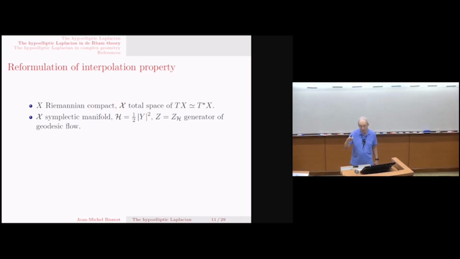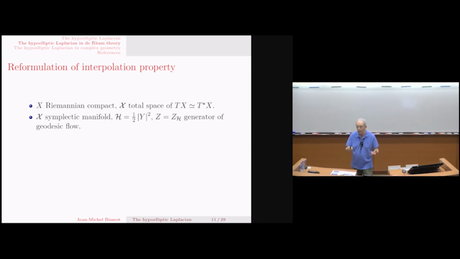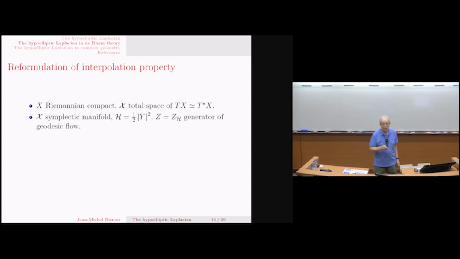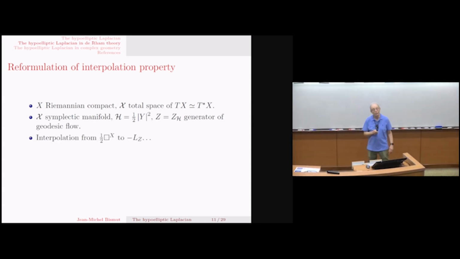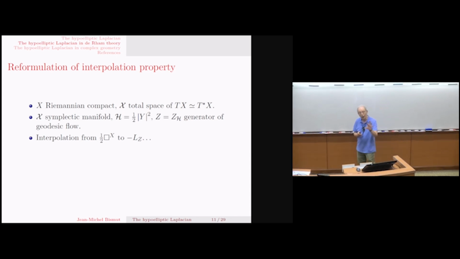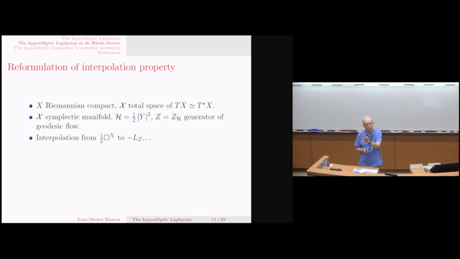This is a function which generates the geodesic flow, in the sense that the geodesic flow is just the Hamiltonian vector field corresponding to the Hamiltonian H. So the interpolation is now between the Hodge Laplacian and the Lie derivative for the geodesic flow.